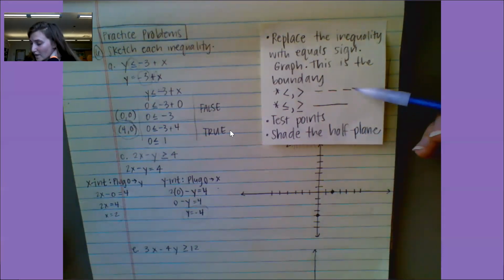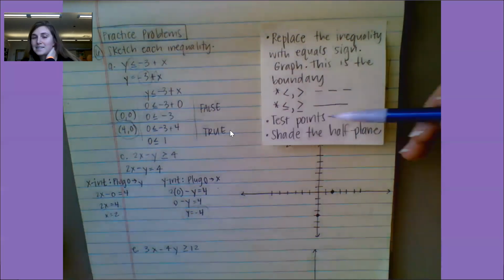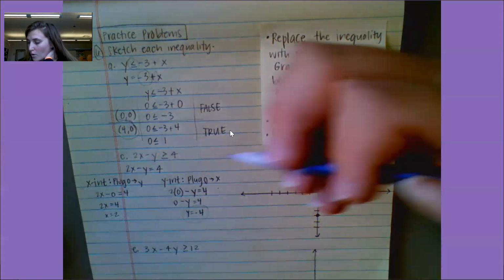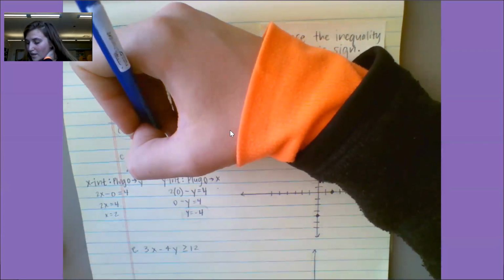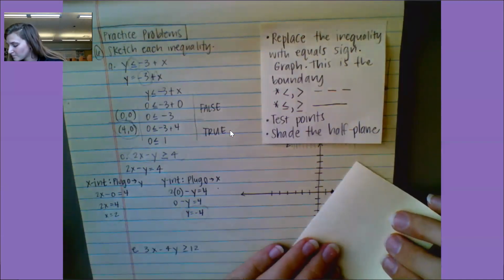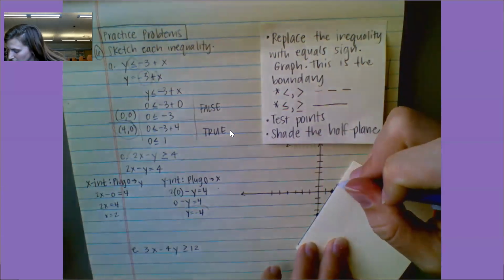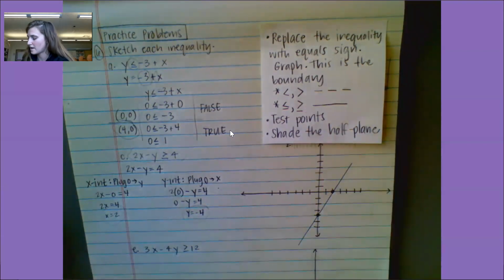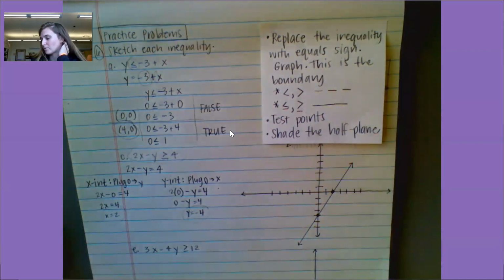But before I do that, I need to determine, am I going to draw a dashed line or a solid line? My inequality says that this piece is greater than or equal to 4, so I do a solid line. Let's connect those points, and so this is my boundary line.